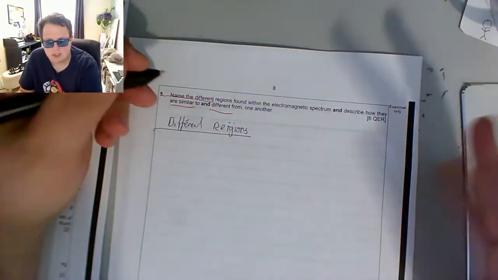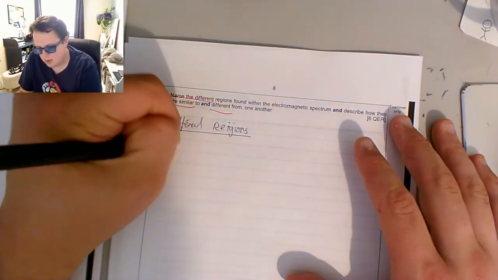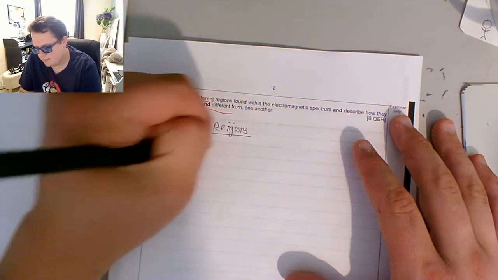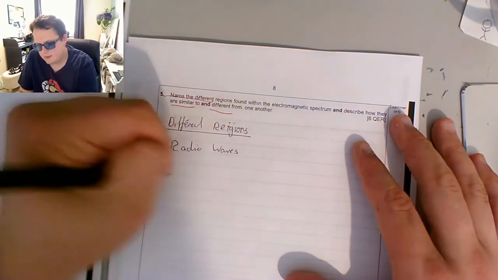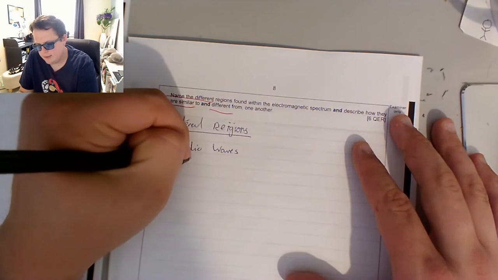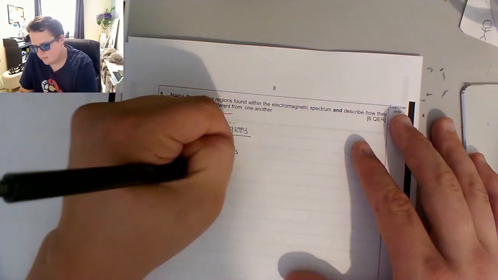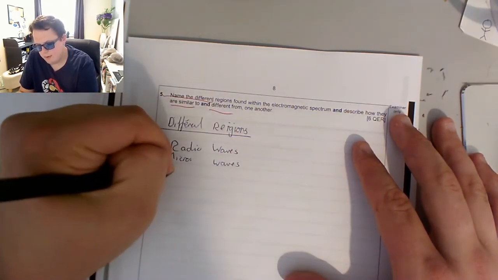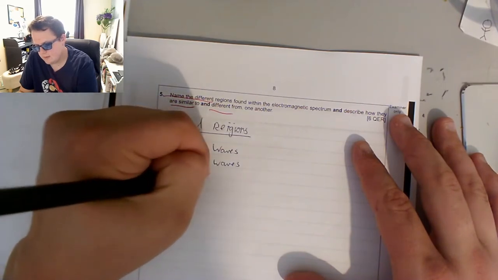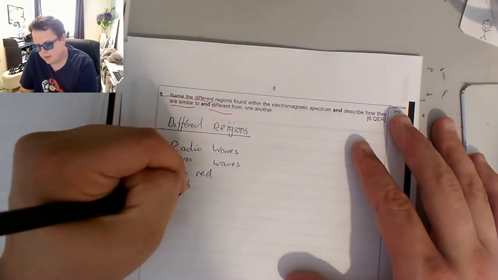So we've got 7, and we will start with radio waves. Then we've got our microwaves. Then we have infrared. Then visible light.